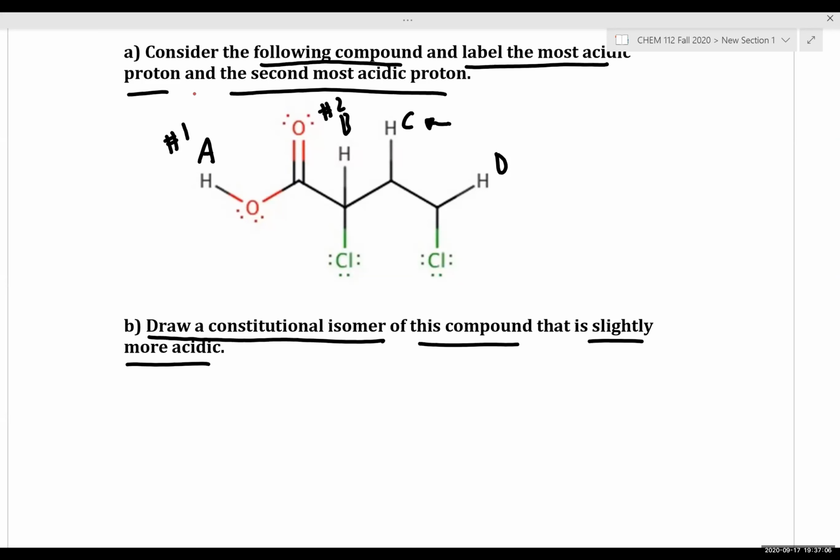And really don't be shy to share your response. Even if it's different from your classmates, the responses are very valuable for our discussion. Does anyone have another response for the most and second most acidic proton for this molecule?